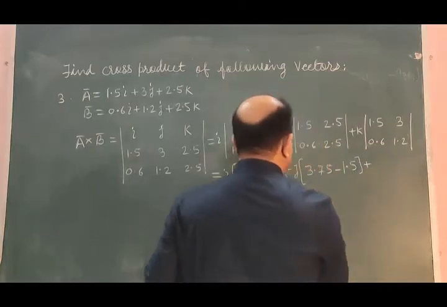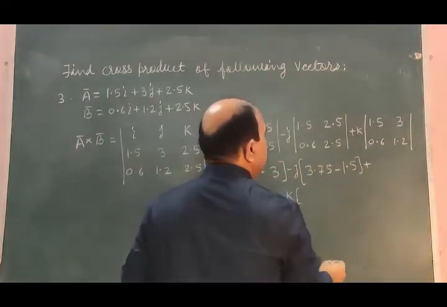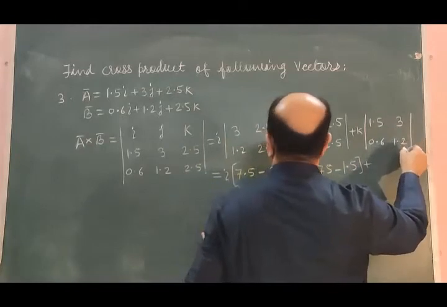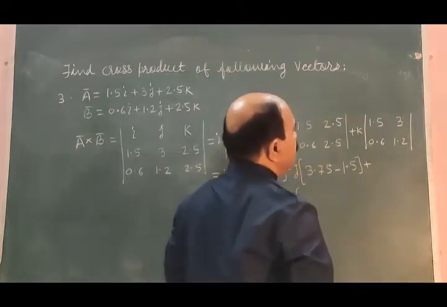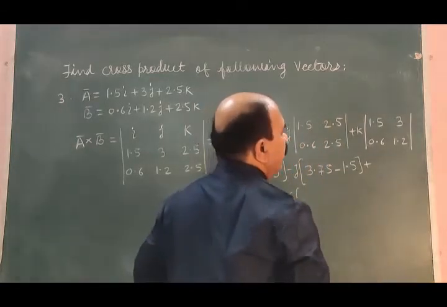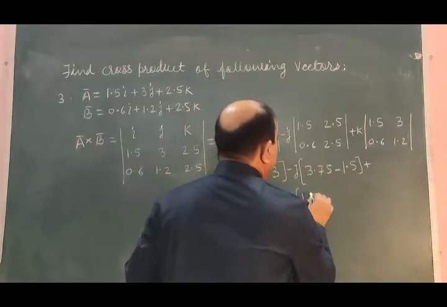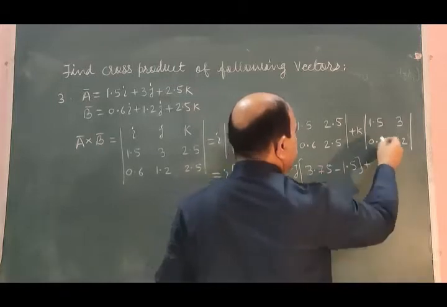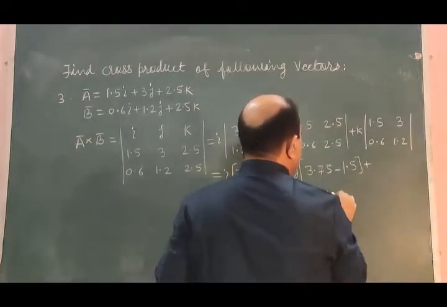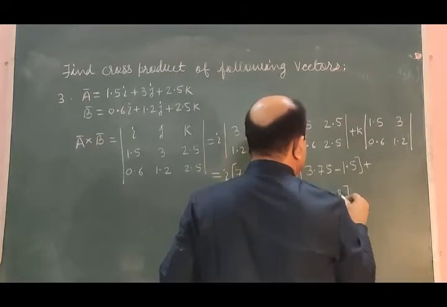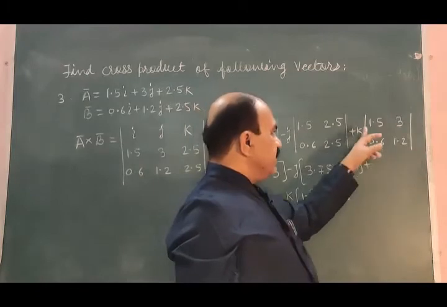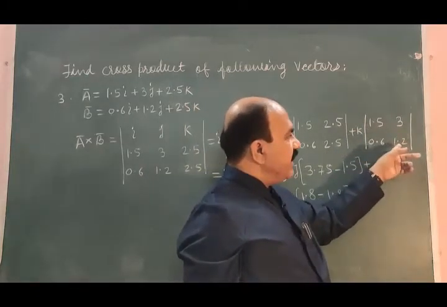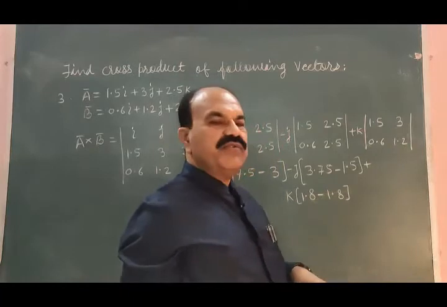Plus k into this one. 15 10s are 150, 15 2s are 30, so that will be 180. It will be 1.8, minus 3 6s are 18, 1.8. 1.5 into 1.2 will also be 1.8.